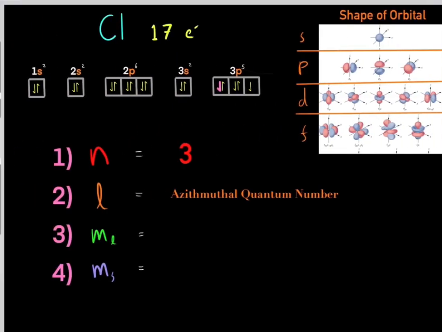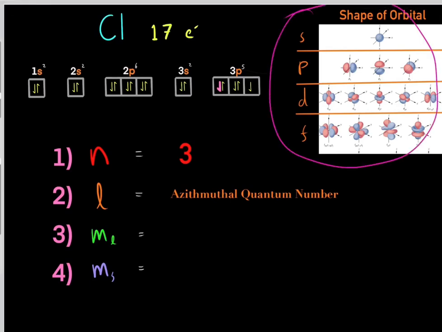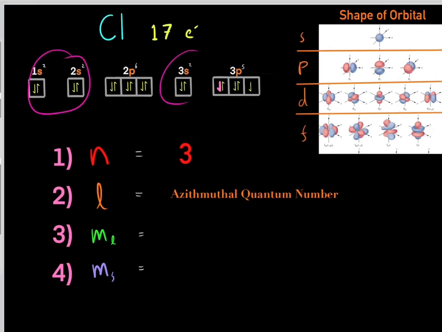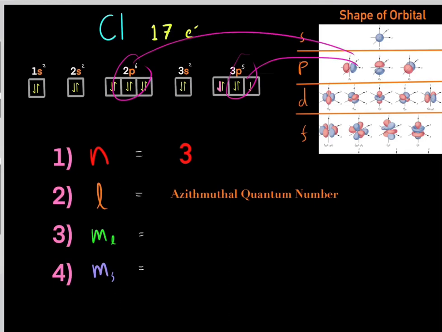So what about the azimuthal quantum number of this particular electron? Well, we know there are s orbitals, p orbitals, d orbitals, and f orbitals. And we know these orbitals have different shapes. For example, all of these s orbitals have a spherical shape. And we know p orbitals have this lobe shape.